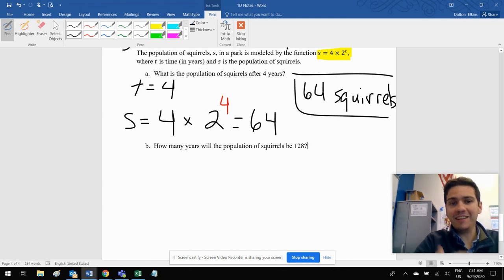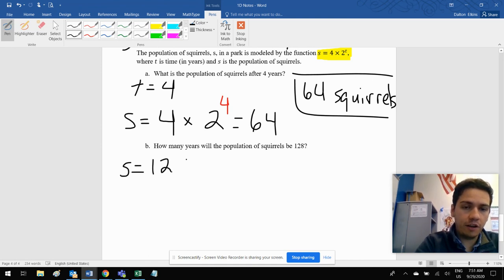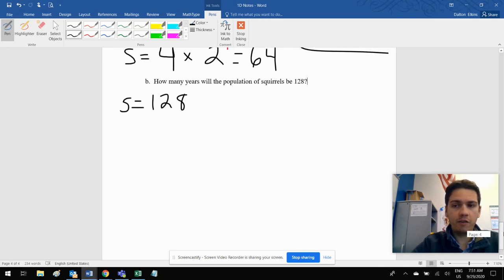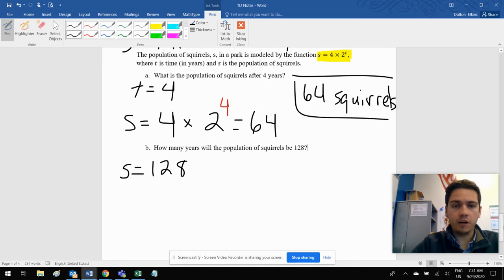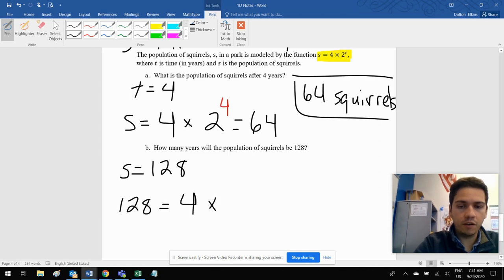So instead of t being equal to 128 here, S is going to be equal to 128. So let's go ahead now and use this predictive equation again. So S is equal to 128. So 128 is equal to 4 times 2 to the power t.